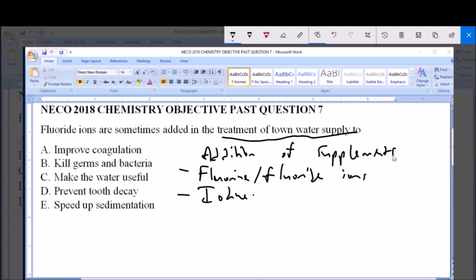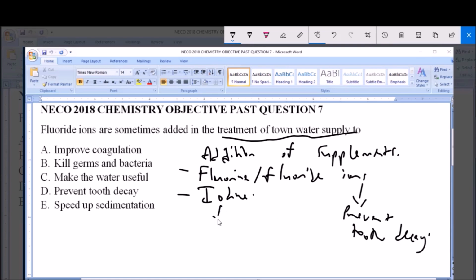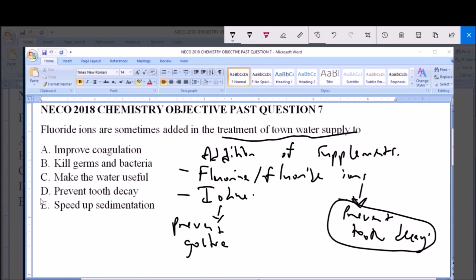Now, these supplements are added, of course, for the various functions they perform in the human body. Now, fluorine or fluoride ions are added to prevent tooth decay, and then iodine is added to prevent goiter. So fluoride ions is added to water being treated for town supply to prevent tooth decay, and prevent tooth decay is option D. So option D, prevent tooth decay, is the correct answer to this question.